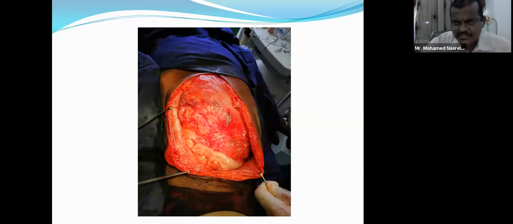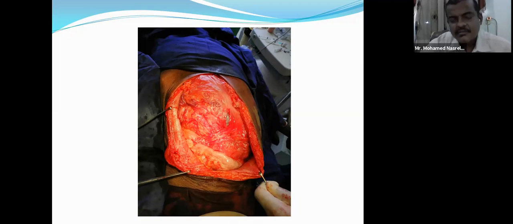The presentation of these three patients was generally with mass effect, a huge mass with its effect. The first one had distress, and I think the decision to do surgery was urgent because of this. He was distressed.